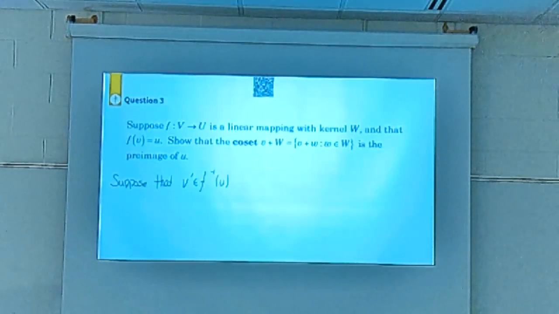So we're going to say that v prime is an element of the pre-image of u. Remember, pre-image is going to be an entire set. It's a set of the inputs.